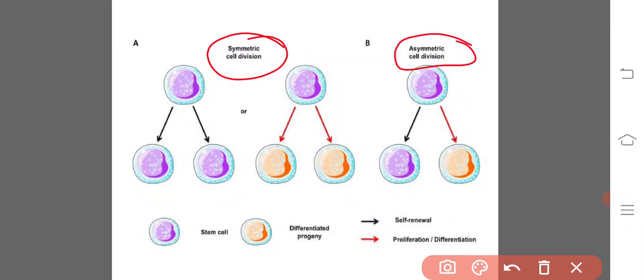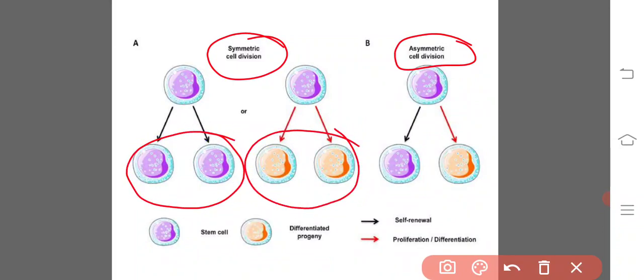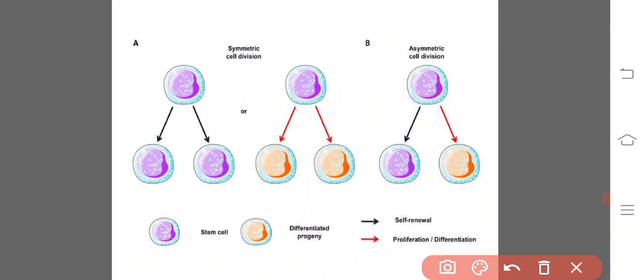In the symmetric cell division, they give rise to two identical daughter cells. Here two identical cells. Whereas in the asymmetric cell division, two different cells. One is a normal progenitor cell and another one is a stem cell. Two different cells.